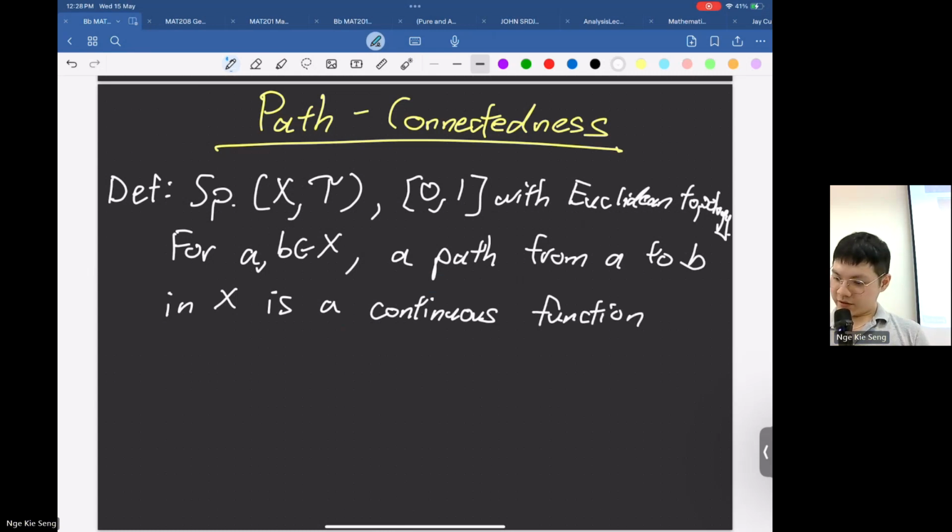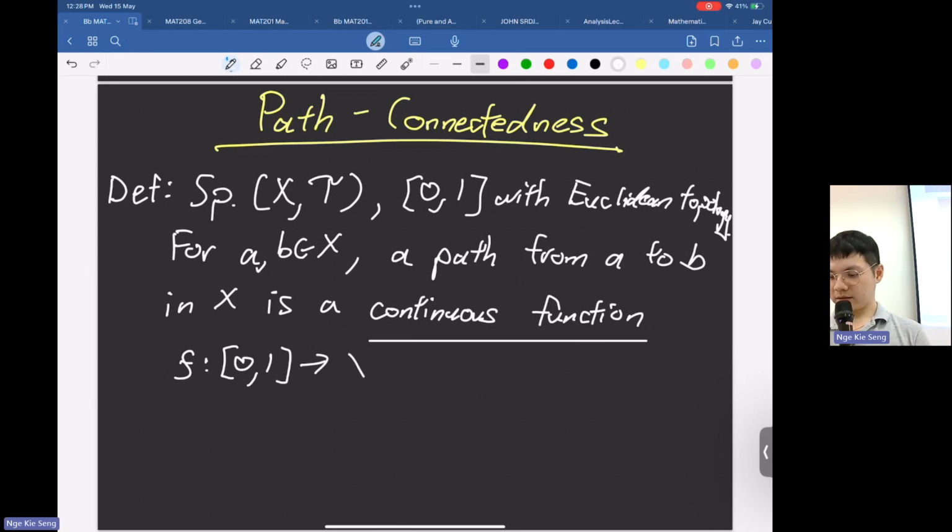Continuous function from where to where? From the interval 0, 1 to X.